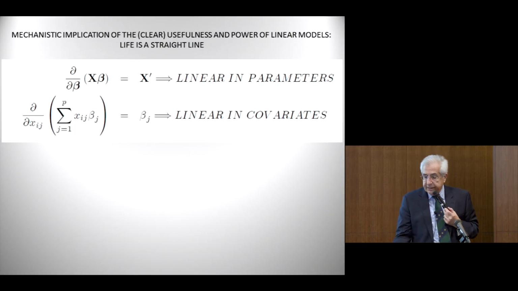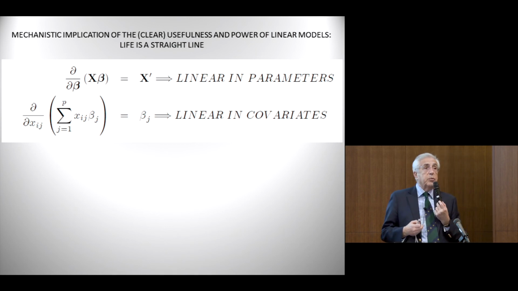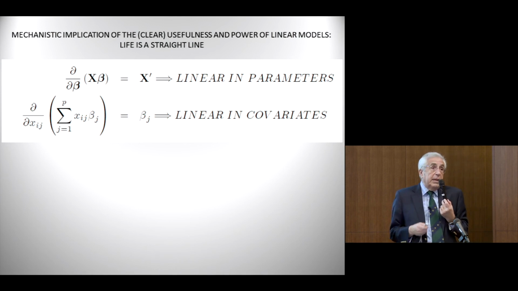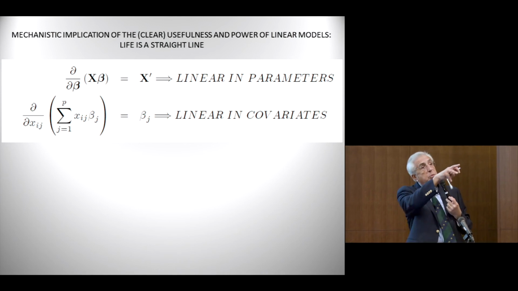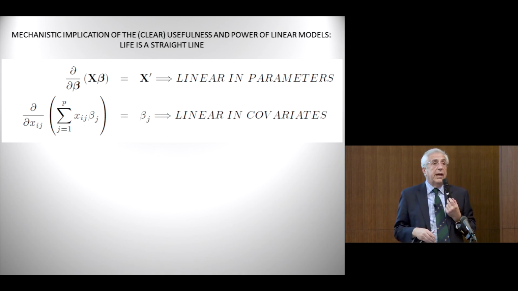So in essence, if you believe the statisticians, what comes out of most quantitative genetic analysis is that life is a straight line. And it's an operational thing. You go out to the street here and you look in this direction, that direction, that direction, and the earth looks flat, but it's not flat.